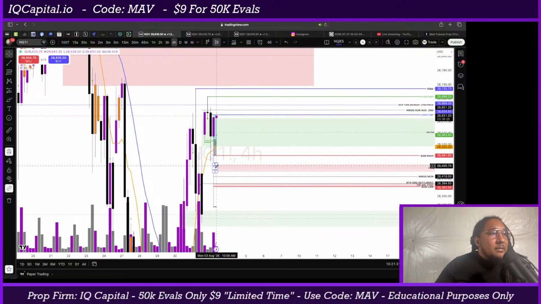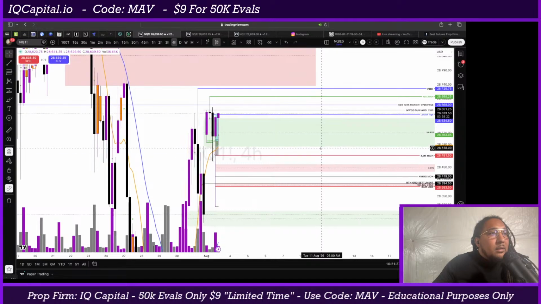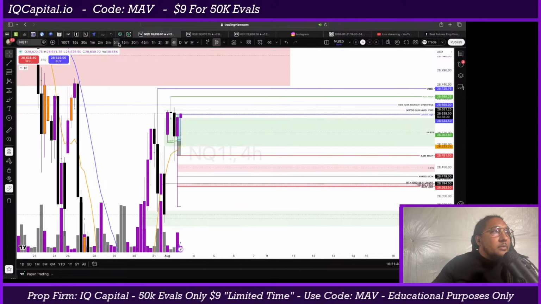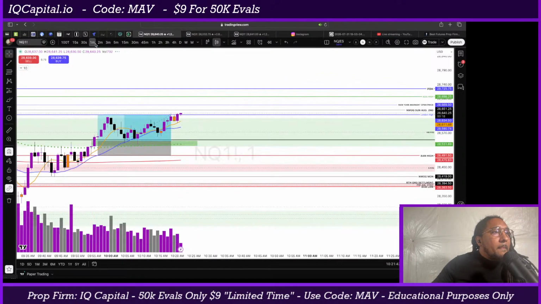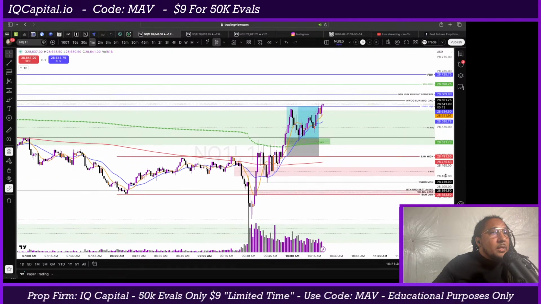We got a lot of nice bottom wicks on this 4 hour. This new 4 hour candle is a nice wick above here.